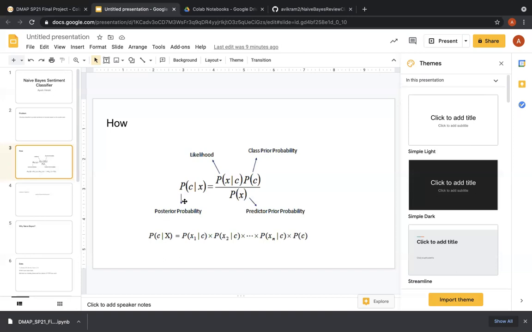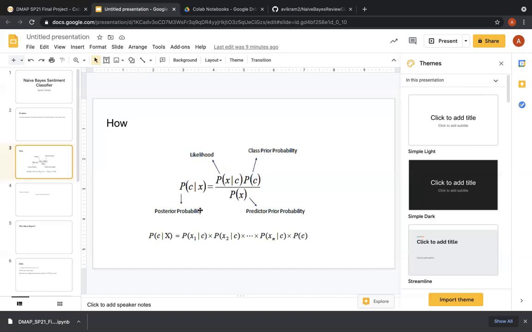So we're trying to calculate the probability of some class, either positive or negative, given the words in the review. That is our main objective, and that is the posterior probability we're trying to calculate. Since in our example we have two classes, we're going to have two posterior probabilities to calculate for each review.